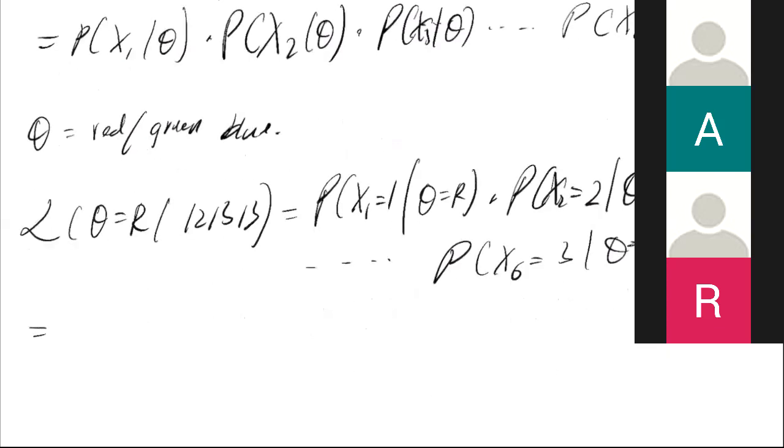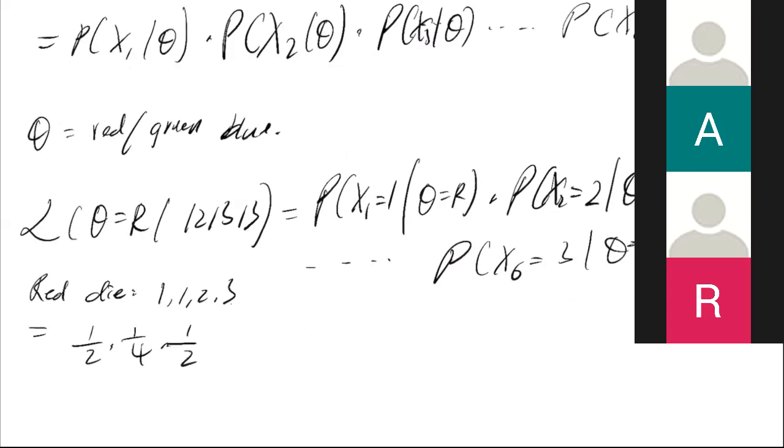Then we look at the red die. It has 1, 1, 2, 3. So given that it is a red die, it shows up 1 with probability one half. It shows up 2 with probability one fourth, and then it shows up as 1 again, so that's half.